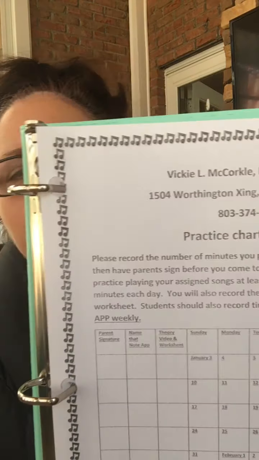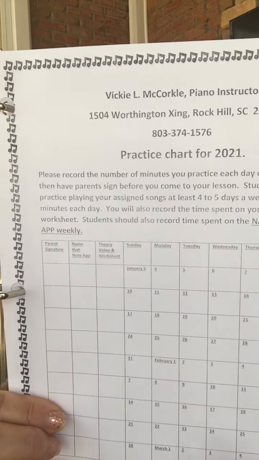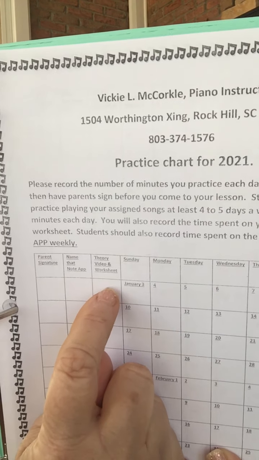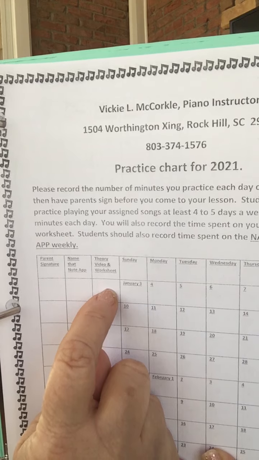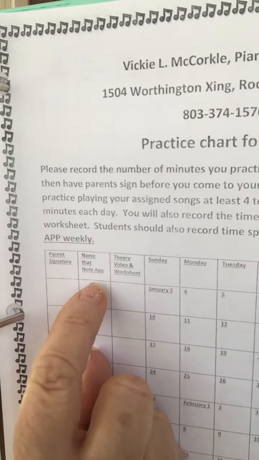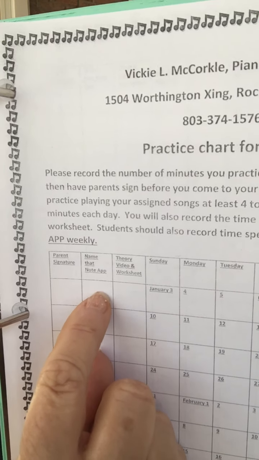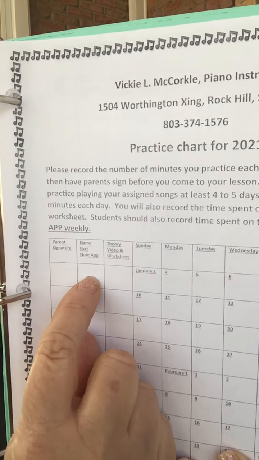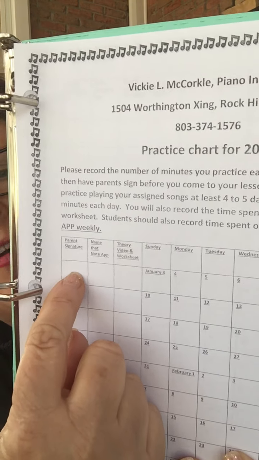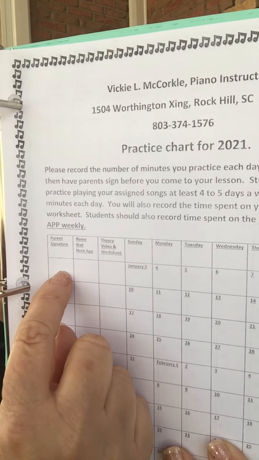I do want to cover one thing. I've had a good many students that have had a little bit of trouble remembering their practice charts. So I want to make sure you remember there's a place to put a check when you do your theory video and worksheet. And there's also a place for you to check when you do the Name That Note app. Make sure you're going over that at least a couple times a week, and then have your parents sign the box.